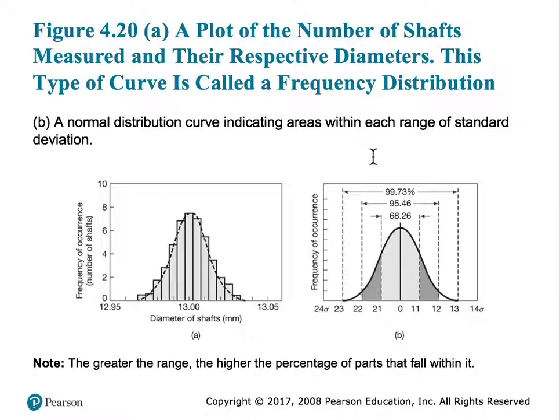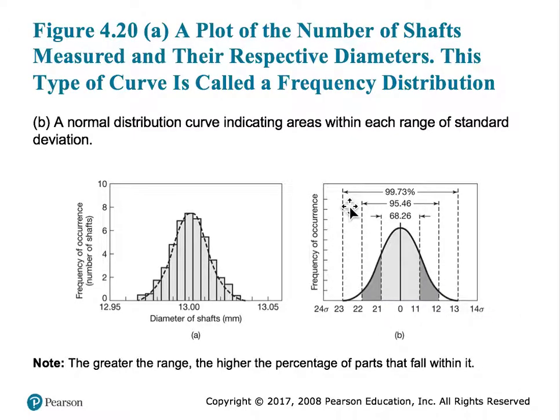How do you determine, if you are making, say, 100,000 parts, whether your manufacturing process is accurate or not? You can plot the values that you get as a normal distribution curve, and it will tell you the range of standard deviation for your materials.